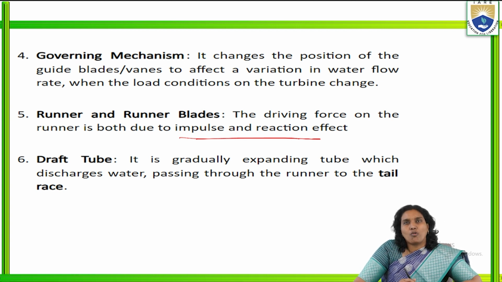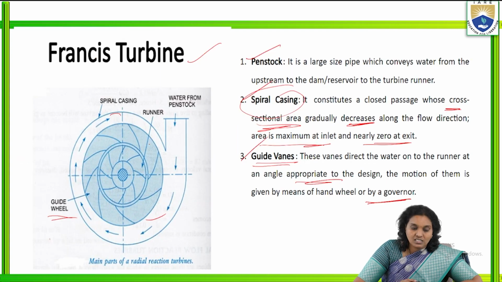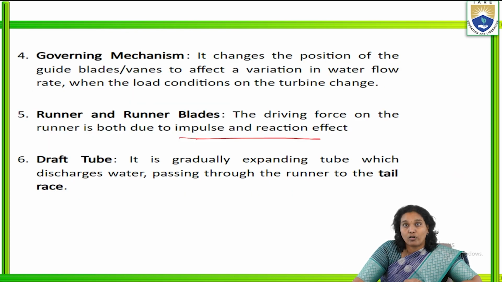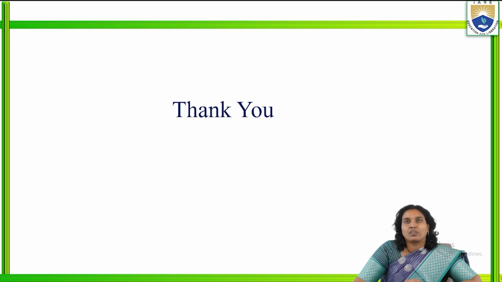So these are all the components in the Francis turbine: penstock, spiral casing, guide vanes, governing mechanism, runner, and draft tube.